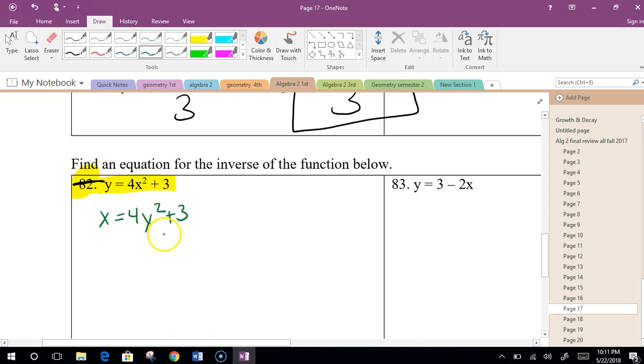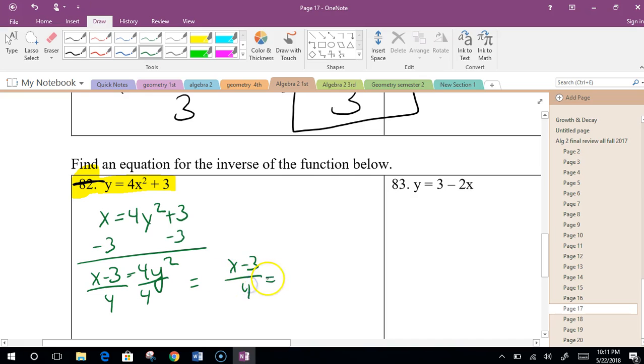Resolve that equation for y, minus 3 on both sides. So you have x minus 3 equals 4y squared. Divide both sides by 4. So that'll give you x minus 3 over 4 equals y squared. And then to finish it off, you're going to take the square root on both sides to get rid of the y squared, and that would be your final answer.